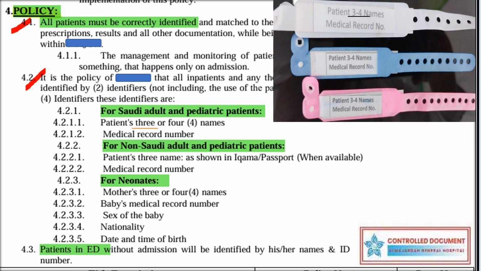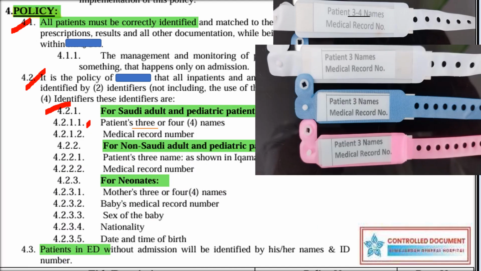The identifiers that we need are these. For Saudi adult and pediatric patients, we need the patient's 3 or 4 names and the medical record number. For non-Saudi adult and pediatric patients, again, we have the patient's 3 names as shown in the Iqama or passport, and then the MRN or medical record number.